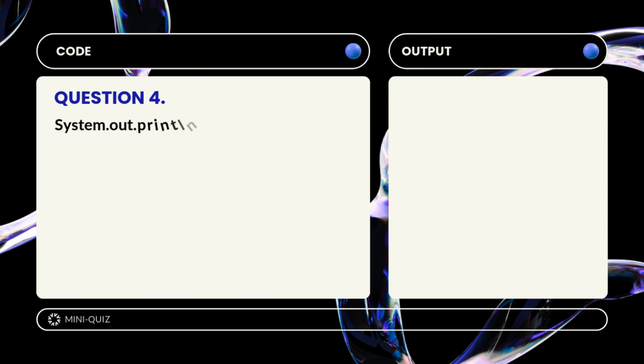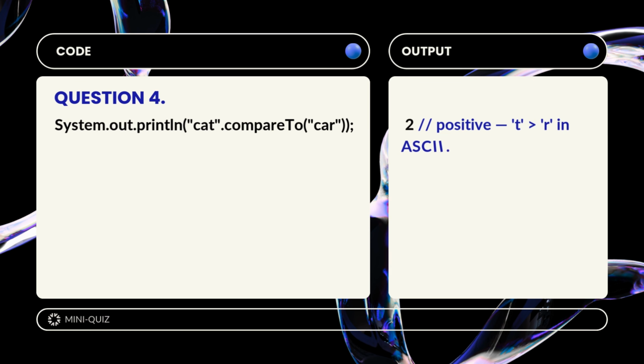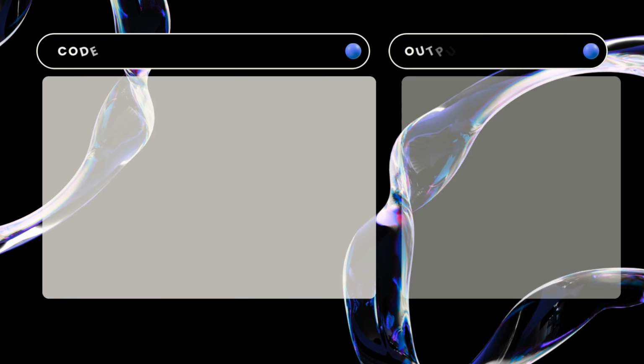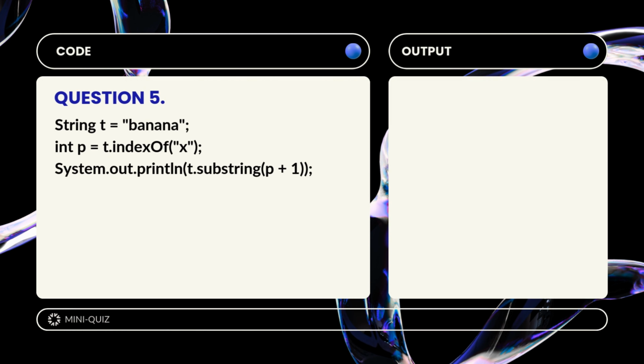Question 4. The answer is positive because T is more than R in the ASCII chart. Question 5. The answer is banana. p is equal to -1, so -1 plus 1 is equal to 0. But it is not safe, because we must check for -1 first. Question 6.